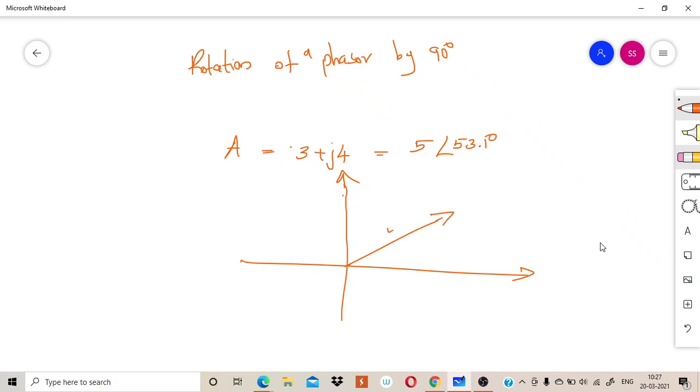This is 5, the angle will be 53.1 degrees, and the rectangular representation will be 3 on the x axis, and this will be my 4 on the y axis.